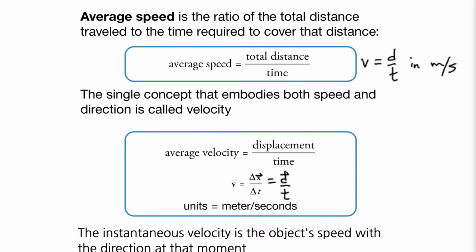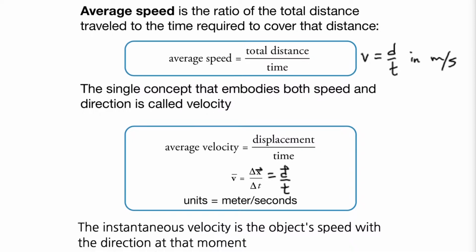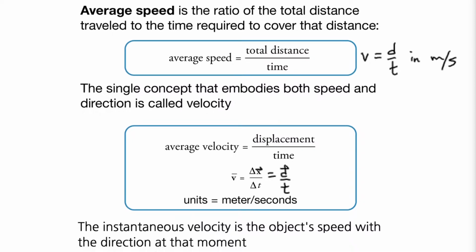So that vector quantity there, remember, it's got those two pieces, right? It's got that magnitude, or that numerical amount. In the case of the instantaneous velocity, that'd be the speed. And then there's also the direction, which is where the object is moving in that moment.